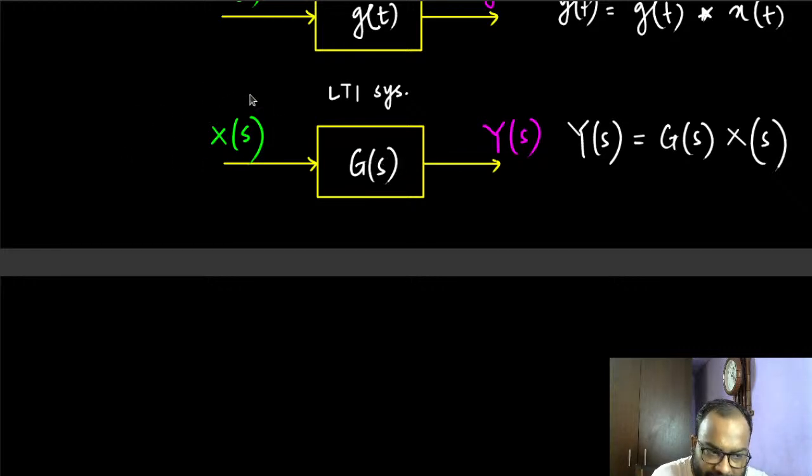The input signal is amplified by this number and you get another number, just like amplification with a certain gain, like 5, 4, 6, whatever. So when we apply the Laplace transform, this becomes a gain term. That is exactly what is happening, and that's why we have this nice relationship.